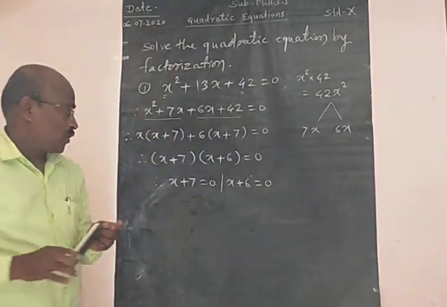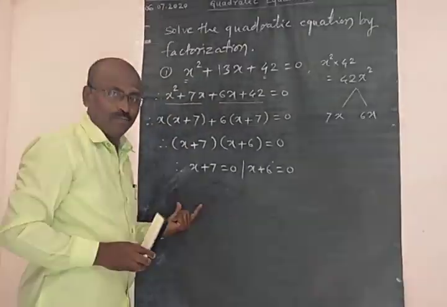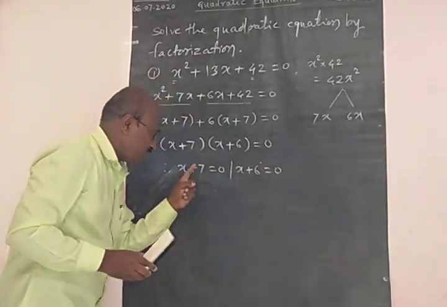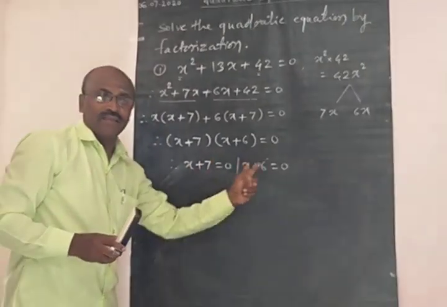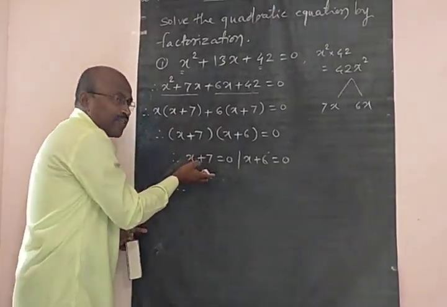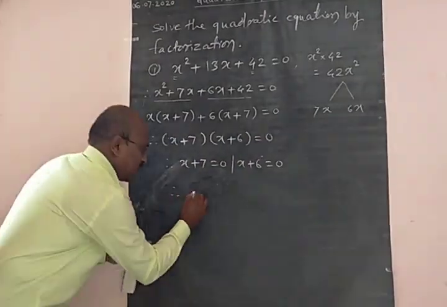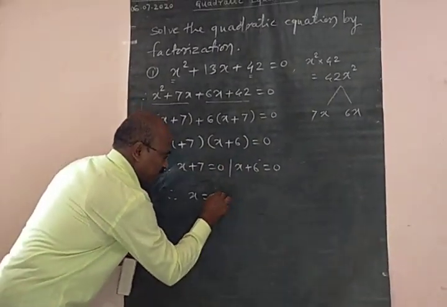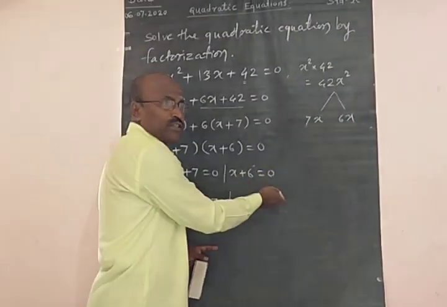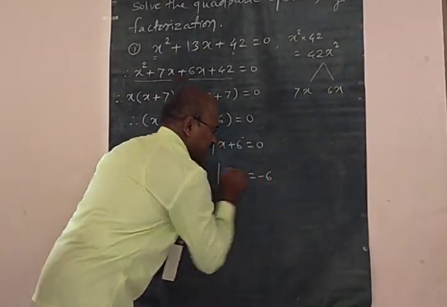So here we will get two linear equations in one variable. We have to solve these two equations and find the value of the variable x from each equation. By solving this equation, subtract 7 from both sides, then we will get x is equal to minus 7. Or here also subtract 6 from both sides, therefore we will get x is equal to minus 6.